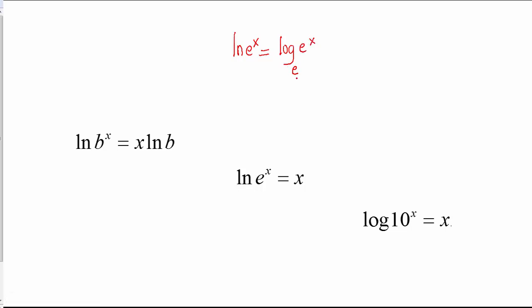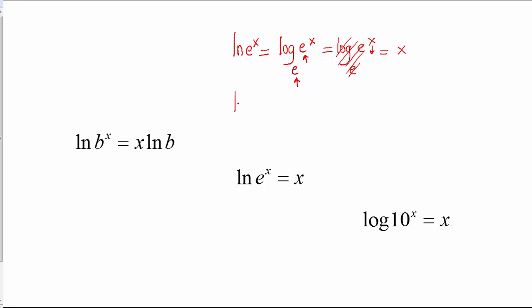If you have the same base here and there, then because log base e and e to a power are inverse functions of each other, they destroy each other. The e to the power is destroyed by the log base e, and the x falls down to the level of writing. So you just get x out of that.